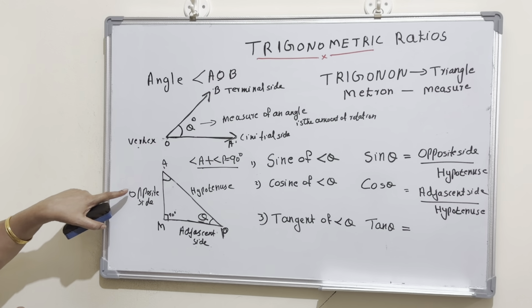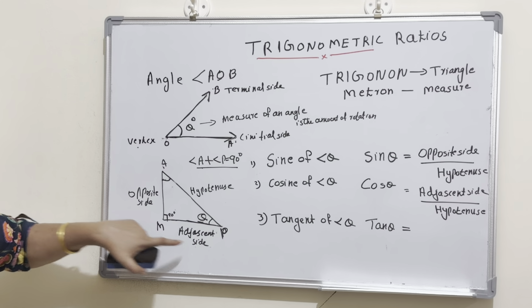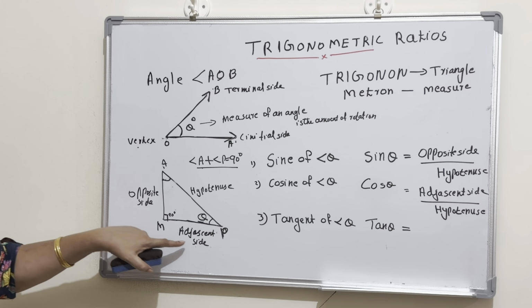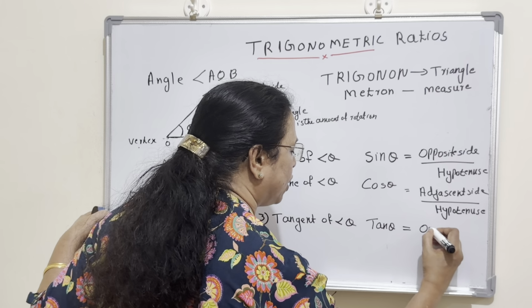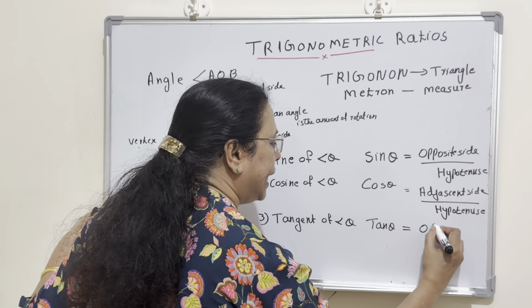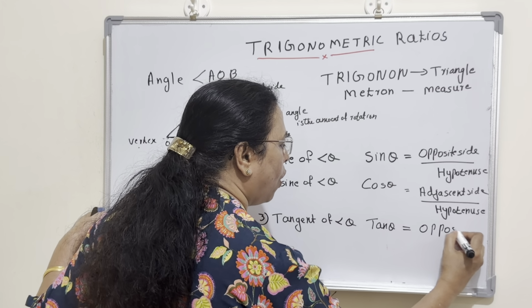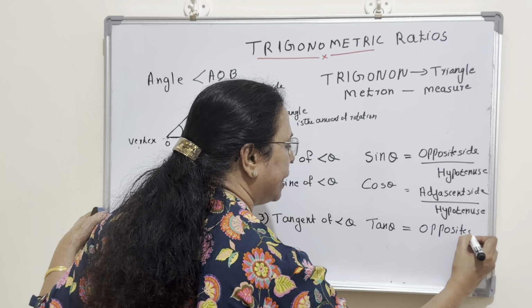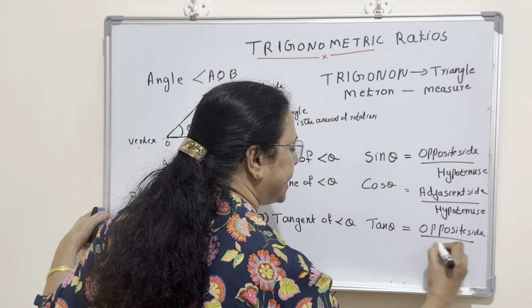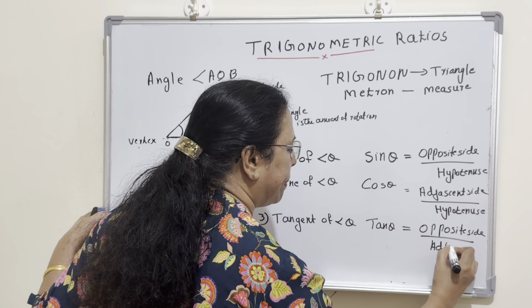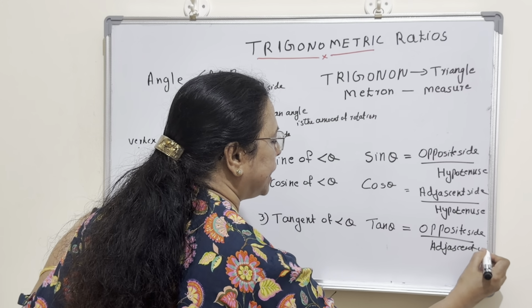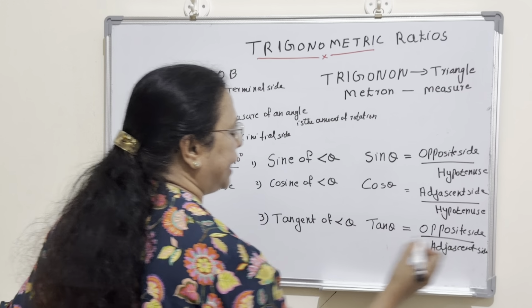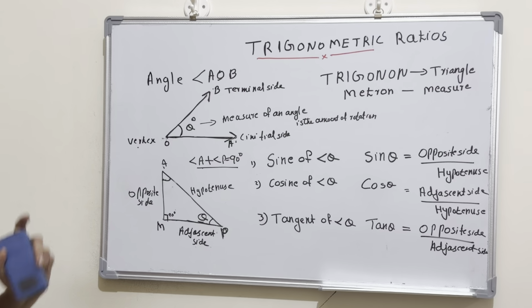This is the ratio of the opposite side by the adjacent side. Tan theta is the ratio of opposite side by adjacent side. That is what is called the tangent of angle theta. Again it is a ratio.